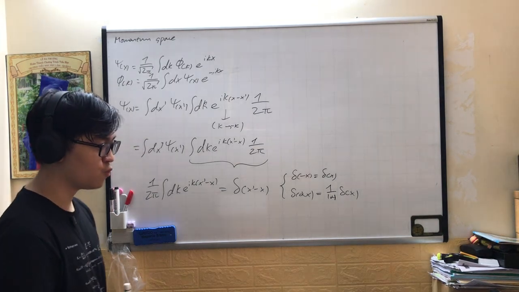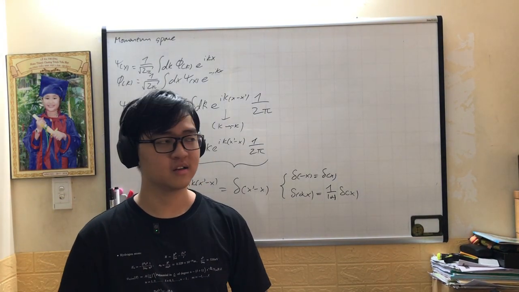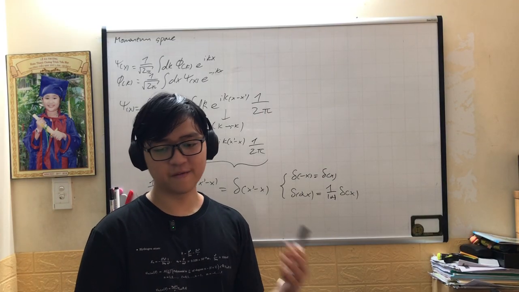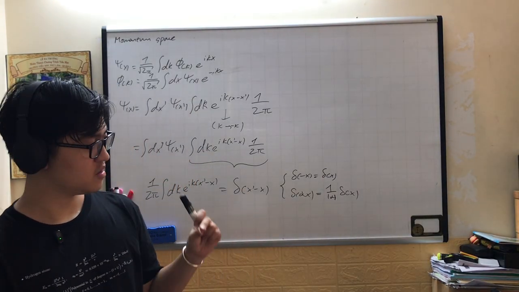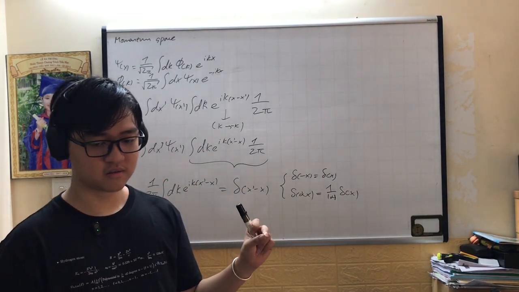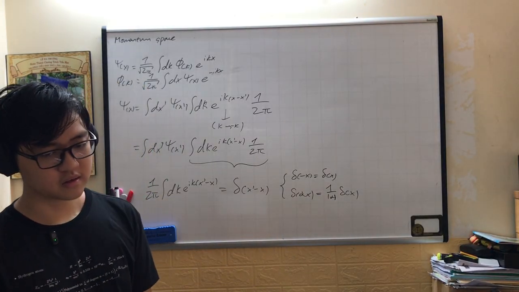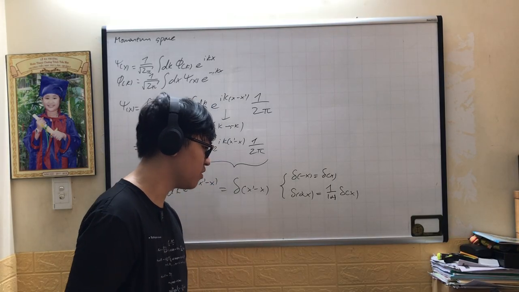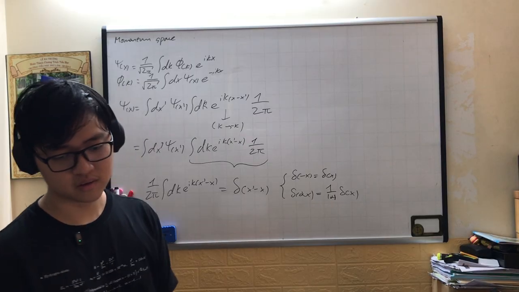And what this does is that it is essentially a kind of sifter, so it's gonna look for specific points, like a sifting tool, and it will locate specific points on your function.